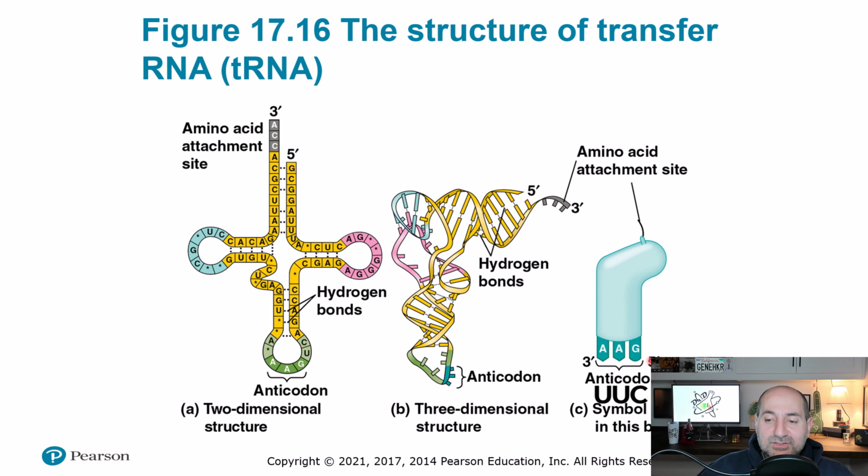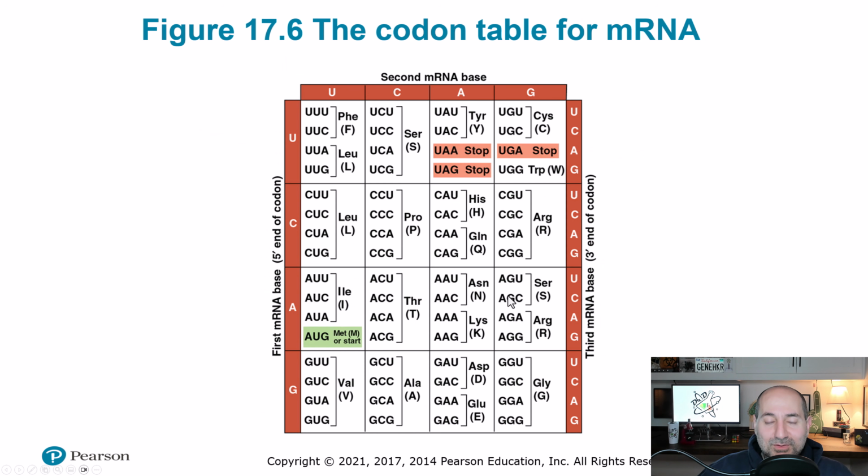And by the way, yes, there are many different tRNA, and these tRNA have different anticodons. And those anticodons recognize what? They recognize codons, right? So remember, the codon that was recognized by that tRNA was UUC. So let's see what codon that would correspond with. Can we find UUC? Here it is.